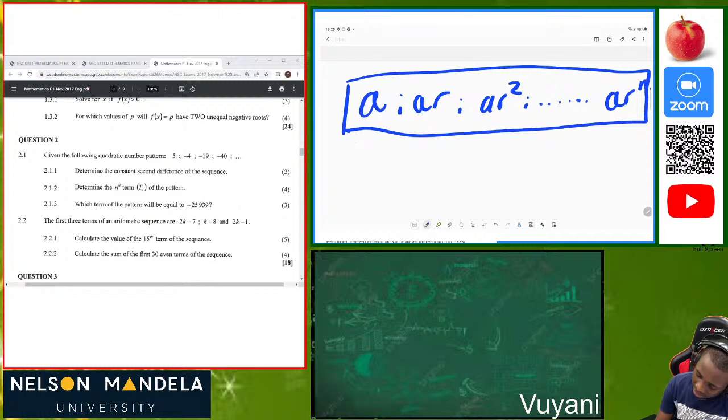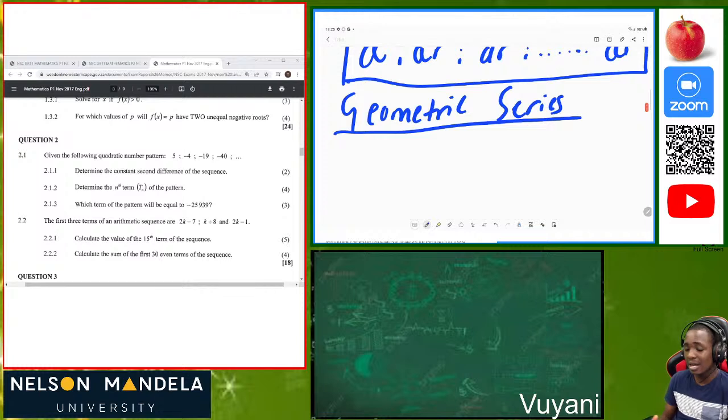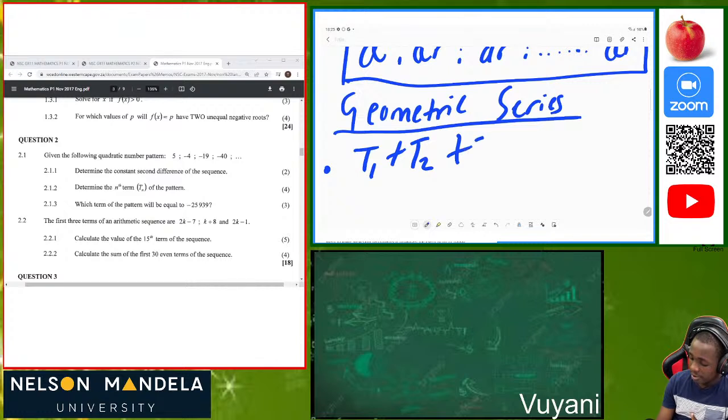Now, as with the arithmetic, in this one also we have a geometric series. A series is whereby we are summing up the terms which we have in our sequence. So we are just saying term 1 plus term 2 plus term 3 plus term 4 plus term 5 until Tn.